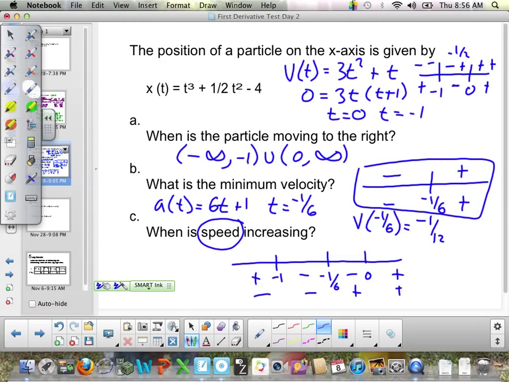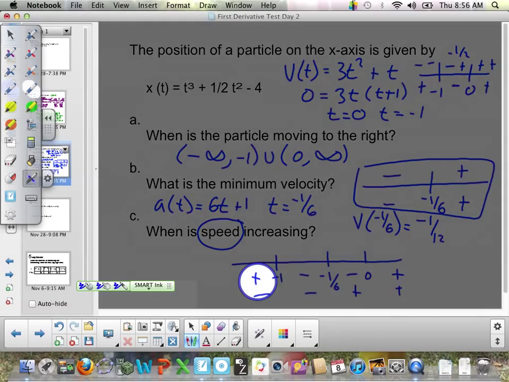Now, if you look at what's happening in this interval, our velocity is positive, but our acceleration is negative. So that means we're going in the positive direction, but we're accelerating toward the negative direction. So speed is decreasing. If we look at what's happening in this interval, we're going in the negative direction, and we're accelerating in the negative direction.